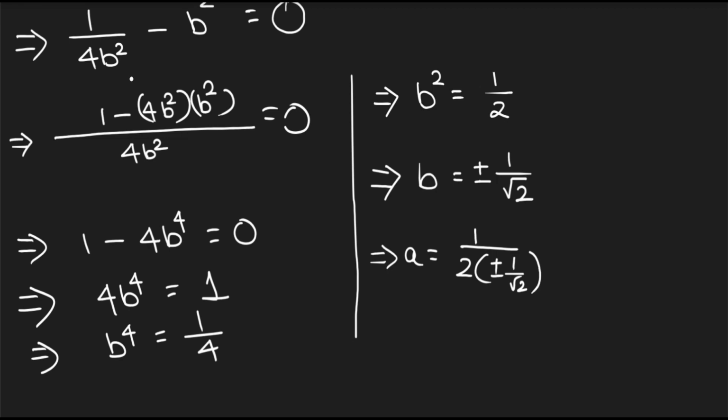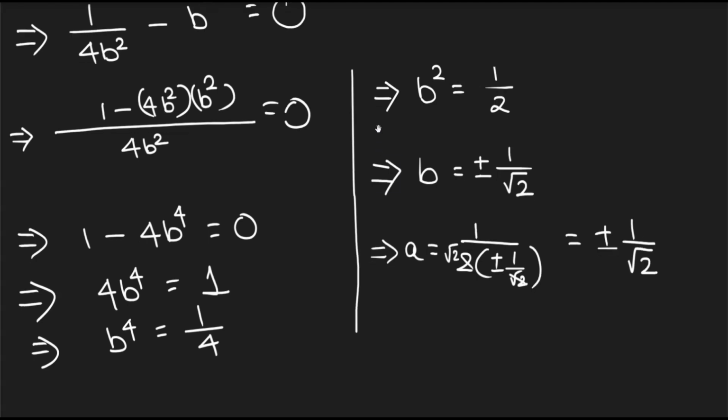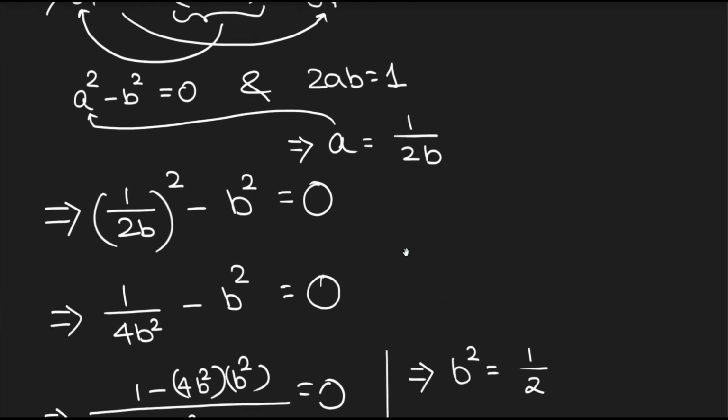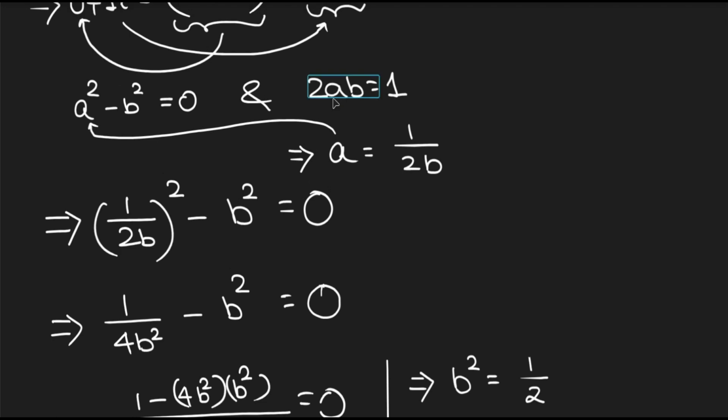Now dividing 2 with the square root, we can write the value of a as plus minus 1 by square root 2. One important thing we need to understand is that the multiplication of a and b is a positive number. It means either both a and b are negative numbers or both a and b are positive numbers.